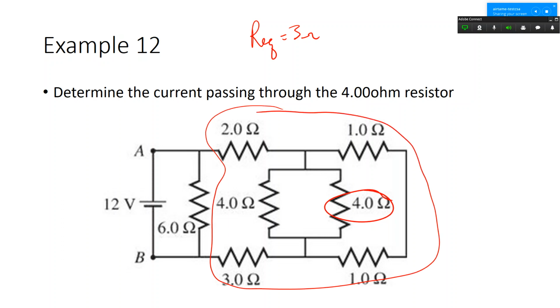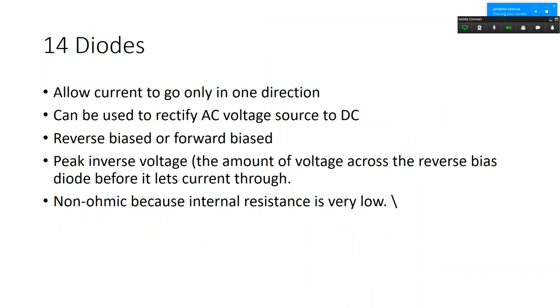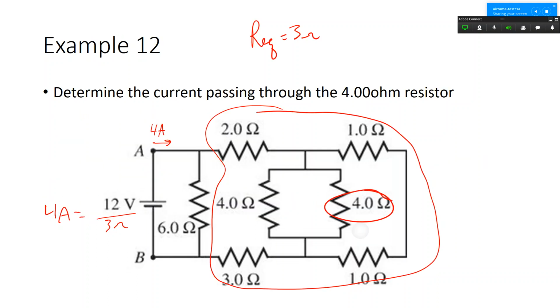And this one is also 6, which means that if I have, well, let's find out my total current. My total current is this divided by 3 ohms is equal to 4 amps. So that means here I have 4 amps of current, which means I have 2 amps there and 2 amps there, right? They're equal resistance. This branch and everything else is an equal resistance, so there's going to be 2 amps going down, 2 amps going right.